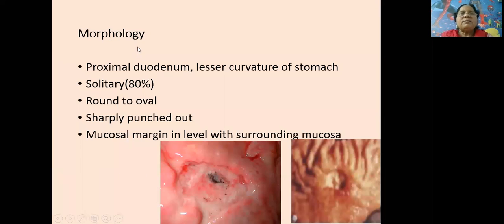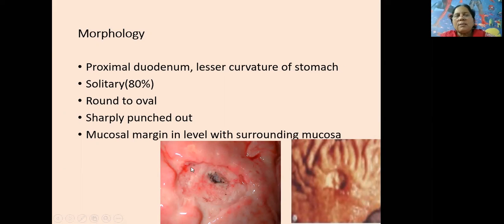So how does this appear? This can occur in the proximal duodenum and mainly the lesser curvature, more common in the lesser curvature. It can be solitary or multiple. 80% is solitary and 20% can be multiple. And it is a round to oval ulcer and sharply punched out.